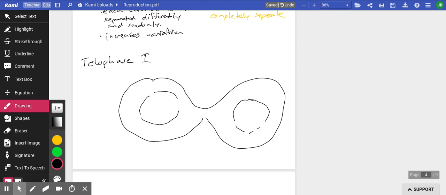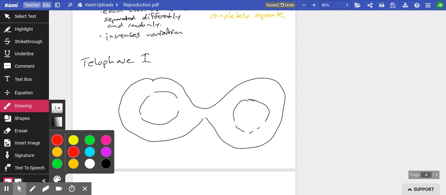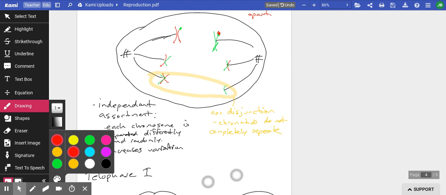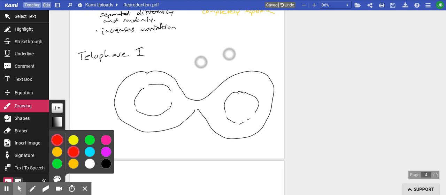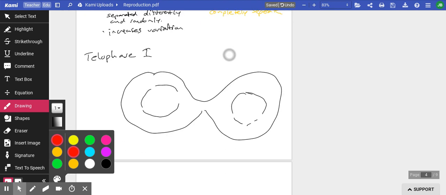Our nucleus will reform. And then inside, I'm going to take a peek at how we sorted these out. Inside, you've got chromosome 1, chromosome 3, chromosome 2, and chromosome 1 has a little bit of crossing over.